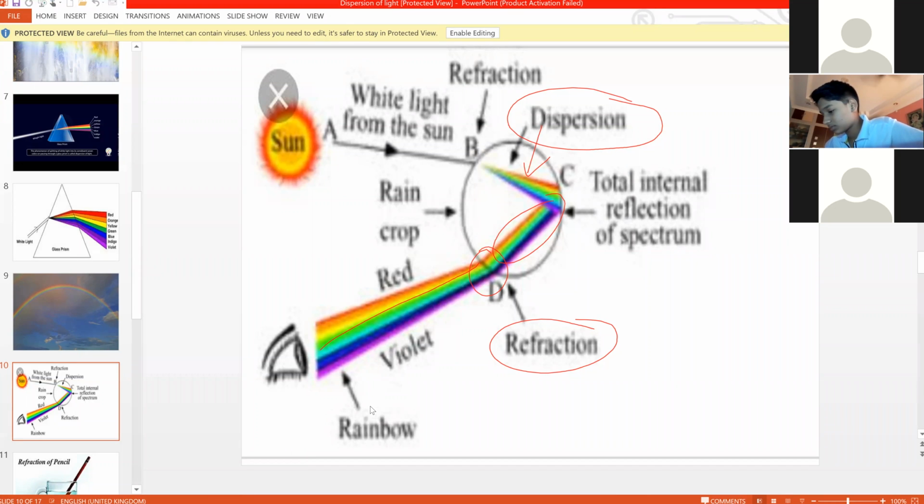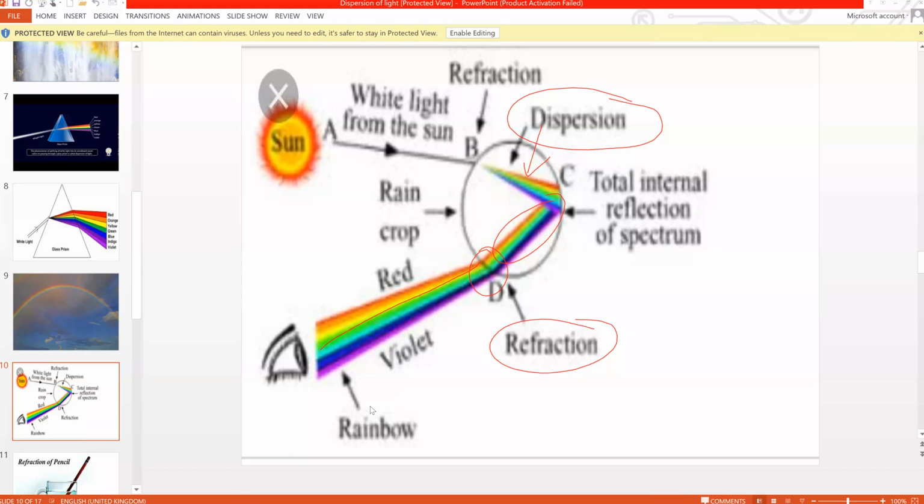Stop there. I told you very clearly, each water droplet is considered as a prism. Why are they considered a prism? Because a prism has a property of dispersion, meaning it divides the light into different constituents, different components of color. So each drop is considered a prism because the light is dispersed into different colors. Here he was telling that water droplets act like small prisms.